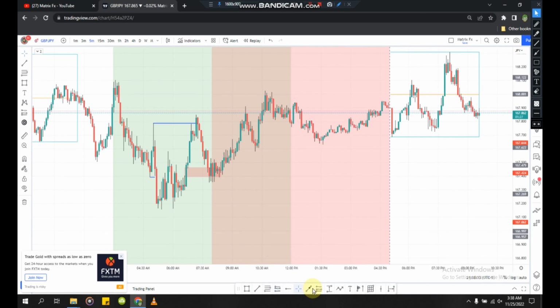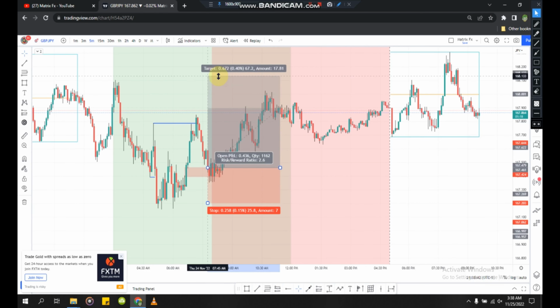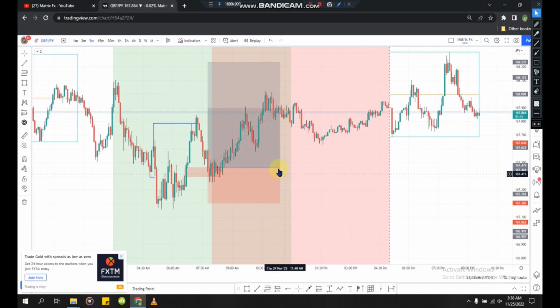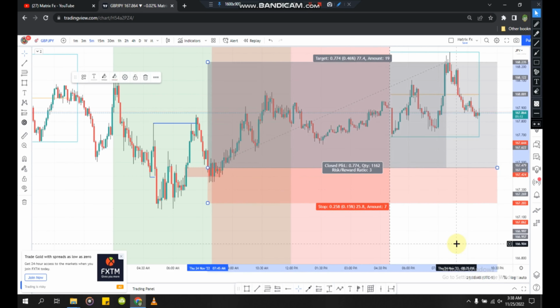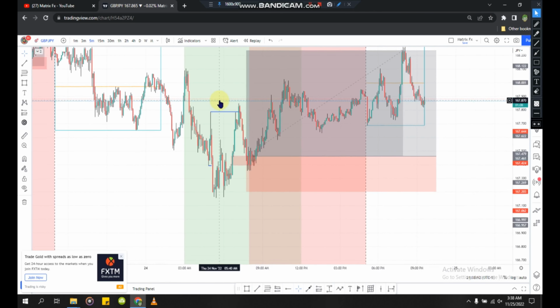And if you had taken that, you would have been in profit 1:3. Yep, 1:3. And wow, even after it being a choppy day, the market still gave us a nice setup.